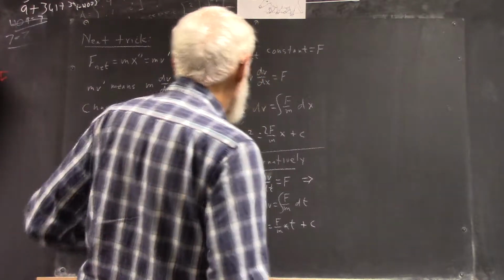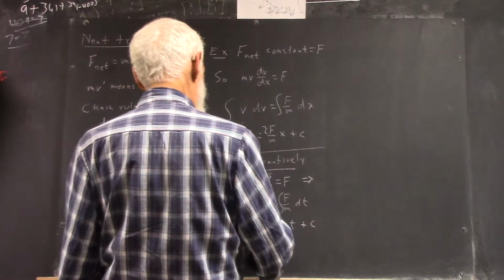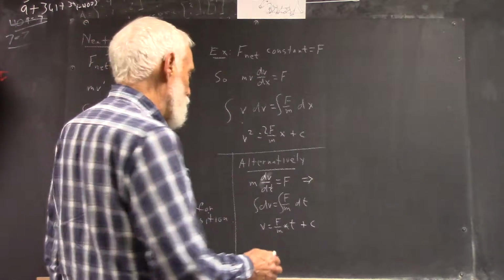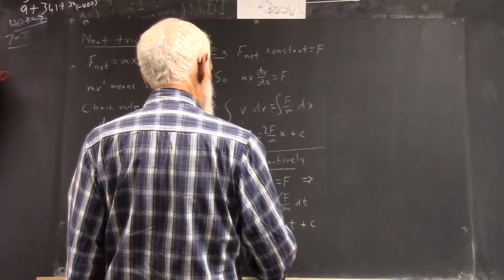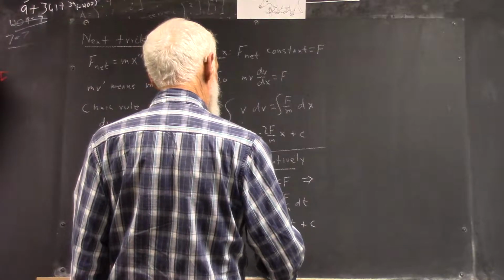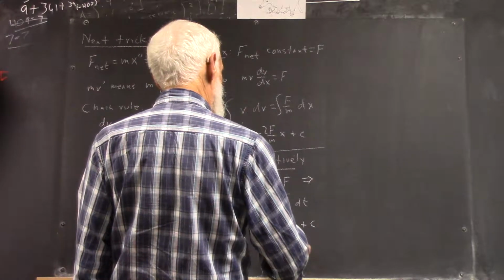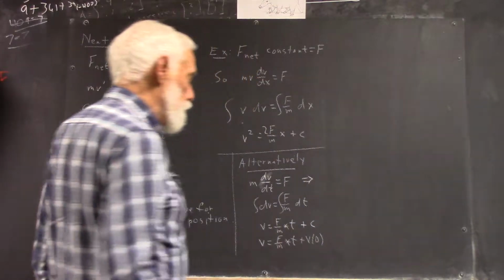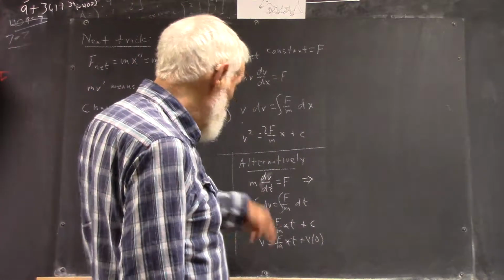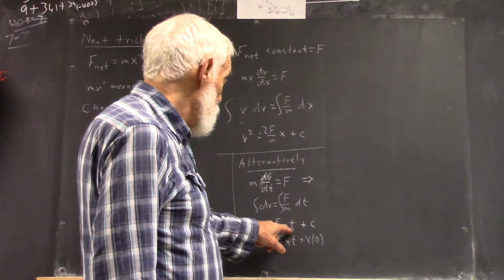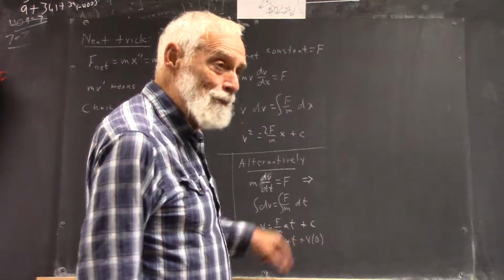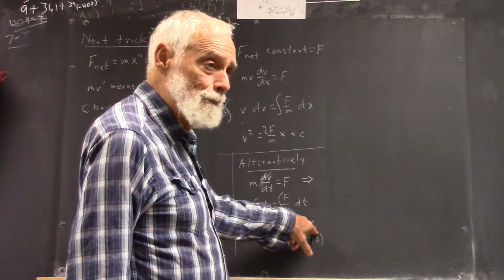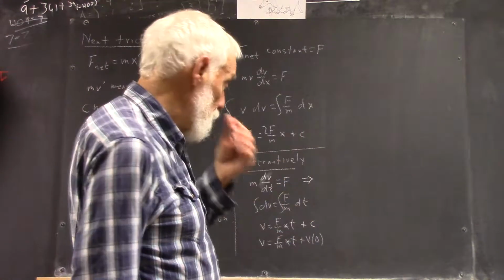Okay, well, we can say that v equals f over m times t plus v of 0. Whatever v of 0 is, v is a function of t. If we let t equal 0, we're going to get v of 0 equals c. That's just your initial condition.